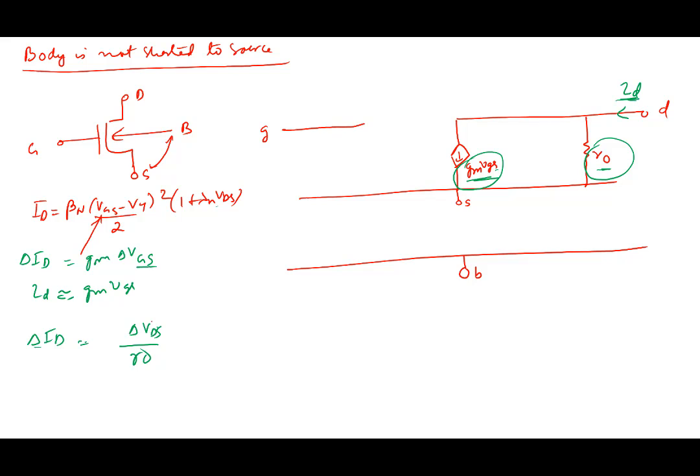But you also note from here that delta ID would also be related to a change in VT, and change in VT caused by a change in source to body voltage. So we denote that by saying GMB delta VSB.